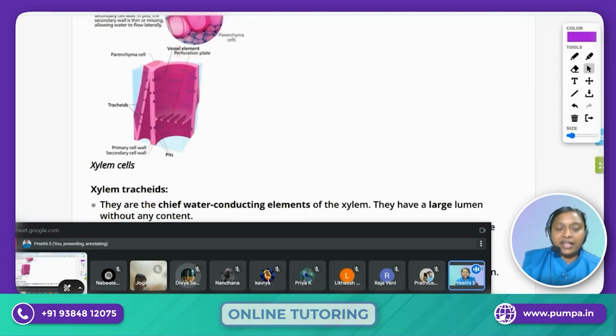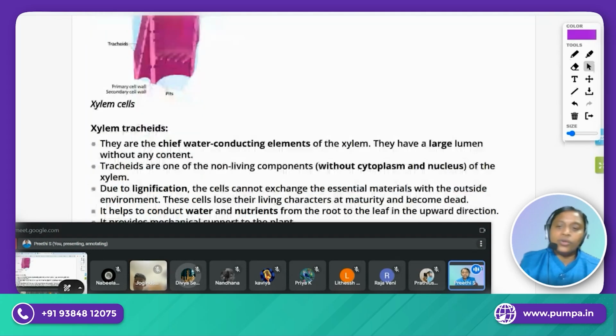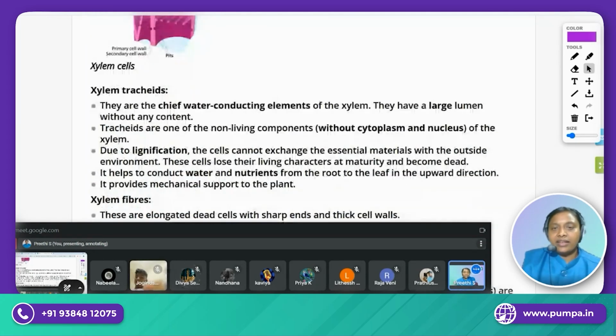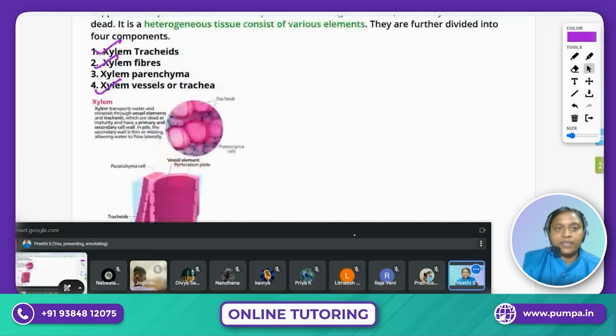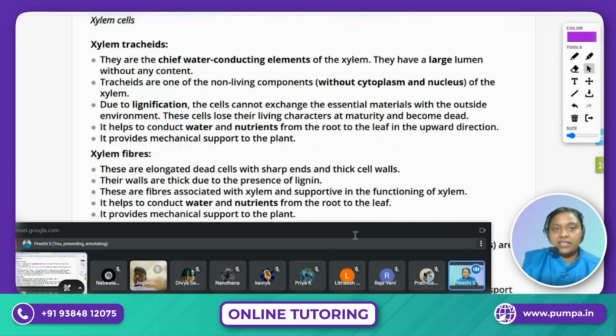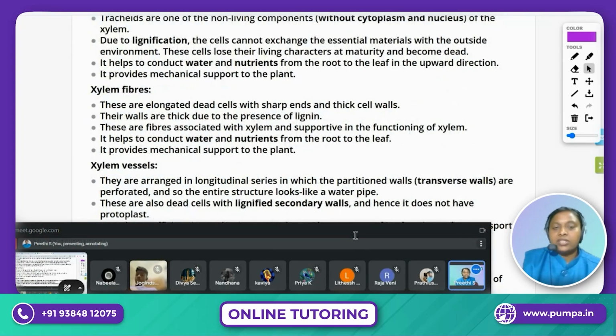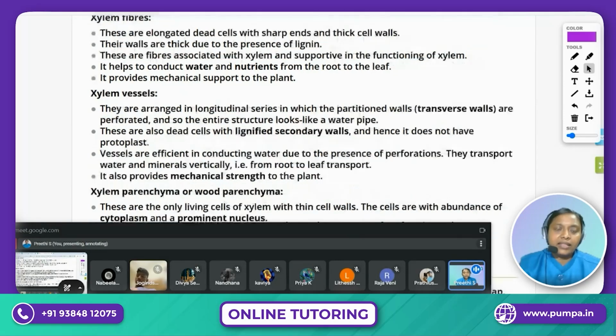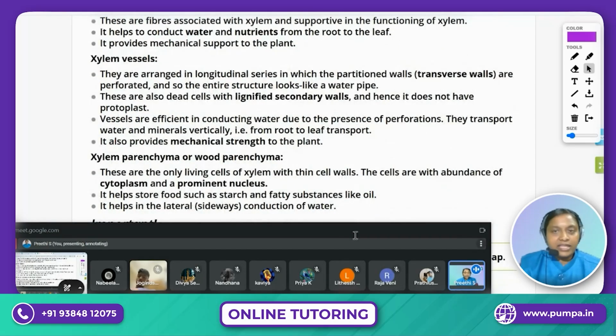In the tracheids, water will be taken up. They are also tube-like structures. Then fibers will also take up water, and then the xylem vessels.